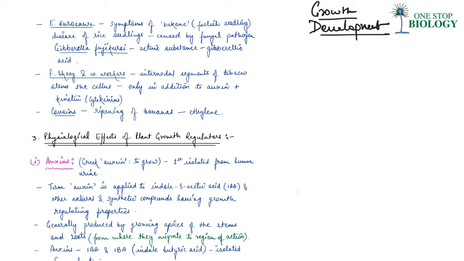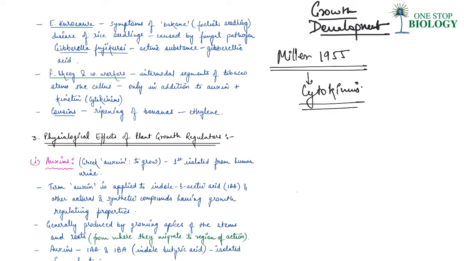Now, it was found in extracts of vascular tissues, also in yeast extract, coconut milk, or DNA, right? And later on, Miller in 1955, remember, Miller in 1955 identified and isolated the crystallized form of cytokinins, which promoted active substances which they termed kinetin, right?